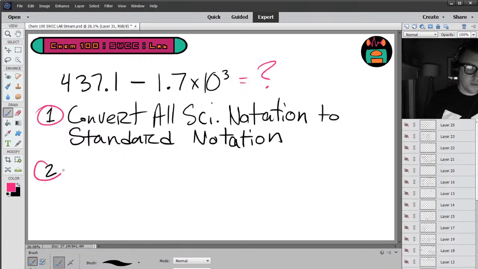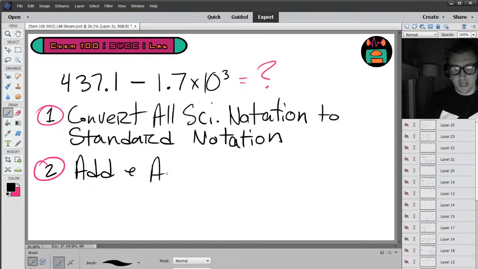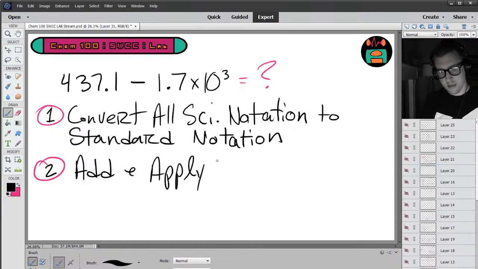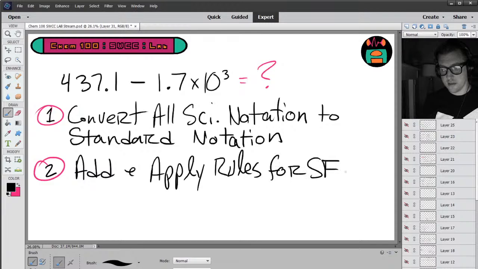Step 2 is add and apply rules for sig figs. So this is the 2-step process. Before we do any addition, we have to convert any number in scientific notation to standard notation. Then we're going to add.